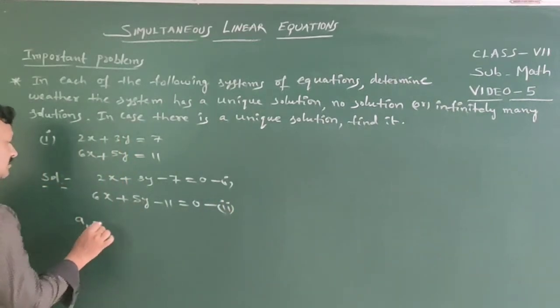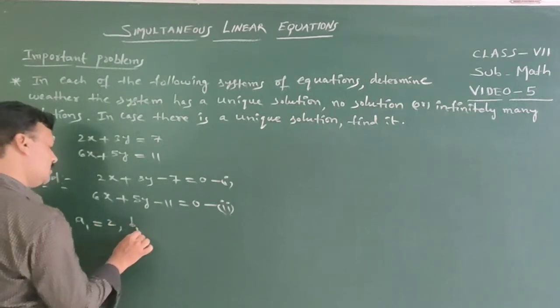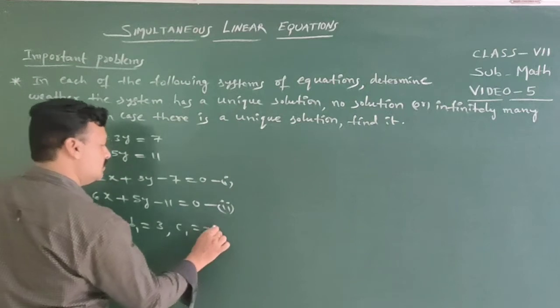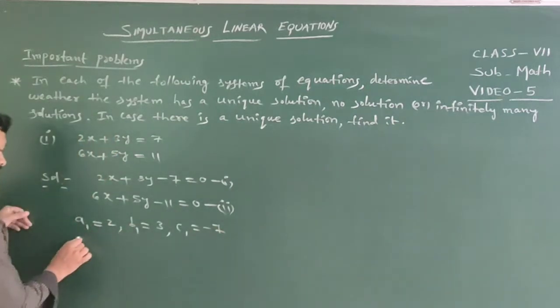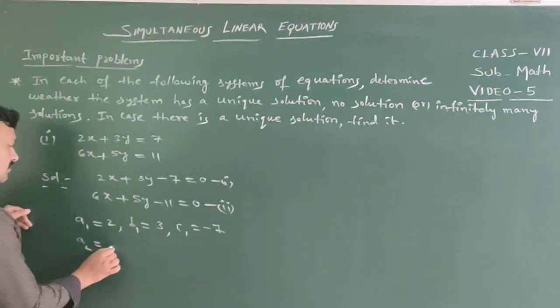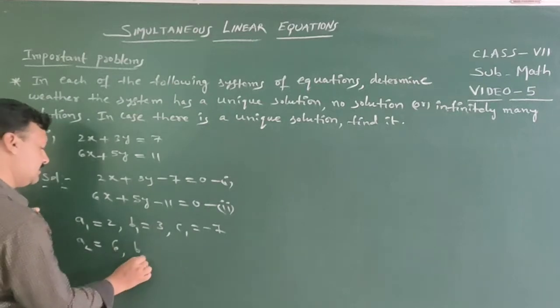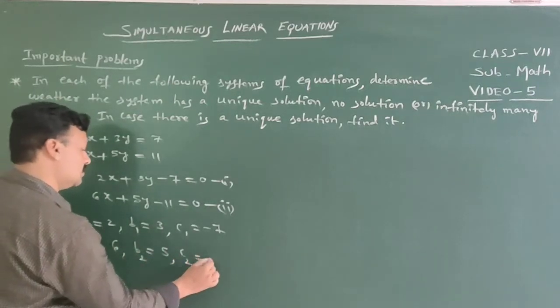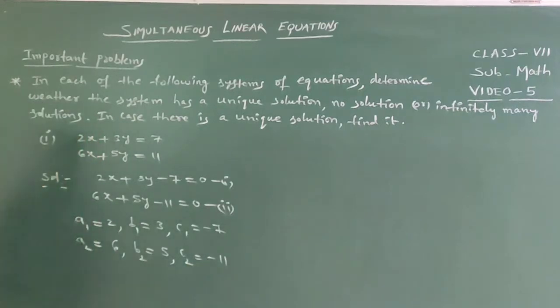Here a1 equal to 2, b1 equal to 3, c1 equal to minus 7, a2 equal to 6, b2 equal to 5, c2 equal to minus 11.